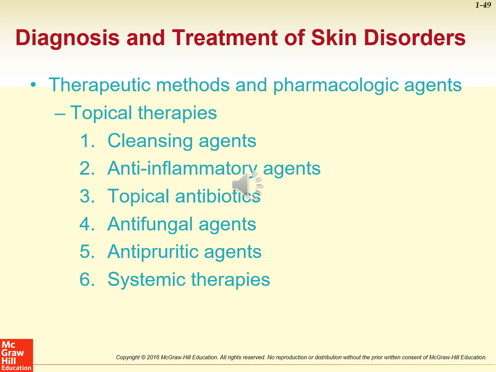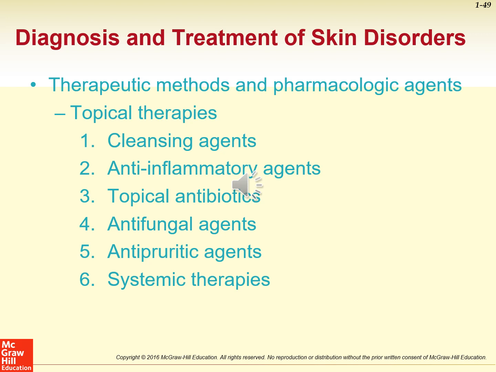Topical therapies are the most commonly used method of treating skin disorders. Cleansing agents are used to clean wounds and abrasions and to remove crusts and scales. These include soap, shampoos, and detergents. Anti-inflammatory agents, most commonly corticosteroids, come as lotions, gels, creams, or ointments.